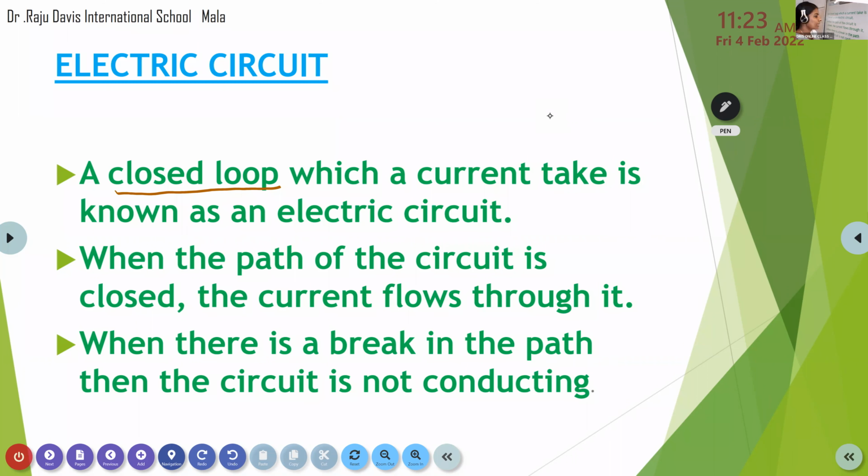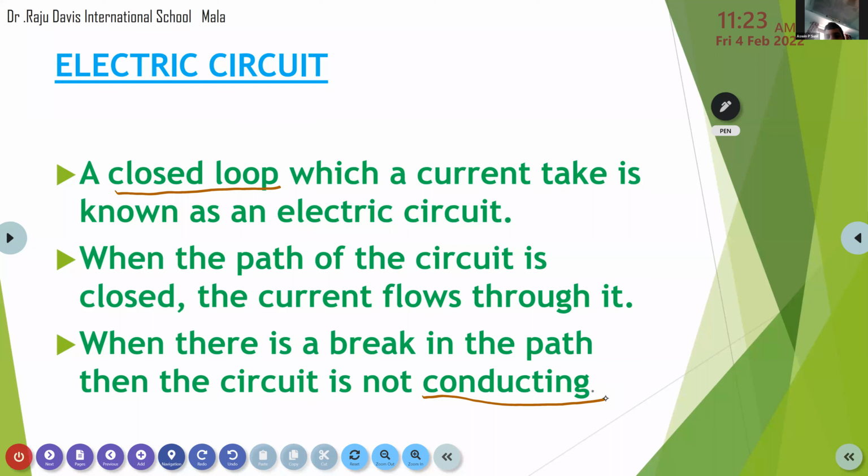Otherwise, the current doesn't flow through it. That means the electric circuit is not conducting.